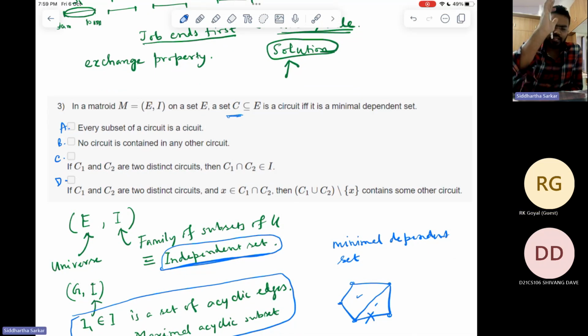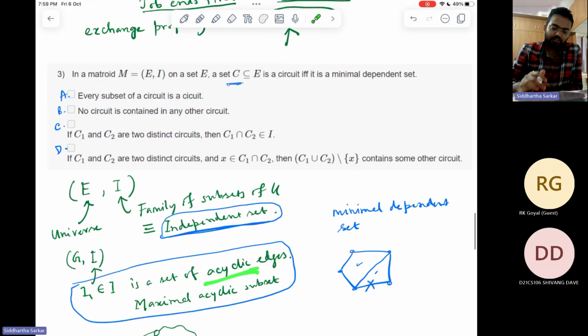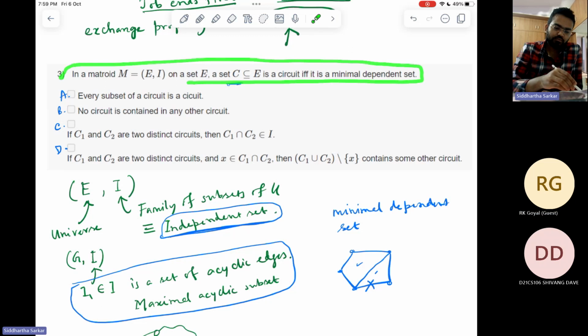Okay. So circuit is a cycle. Circuit is a generic term, but if you look at it from the perspective of this definition, the definition of independence is acyclicity. And when you don't have independence, when you have dependence, that means you have a cycle. Circuit is the term when you are talking in terms of any matroid. It's a general term.